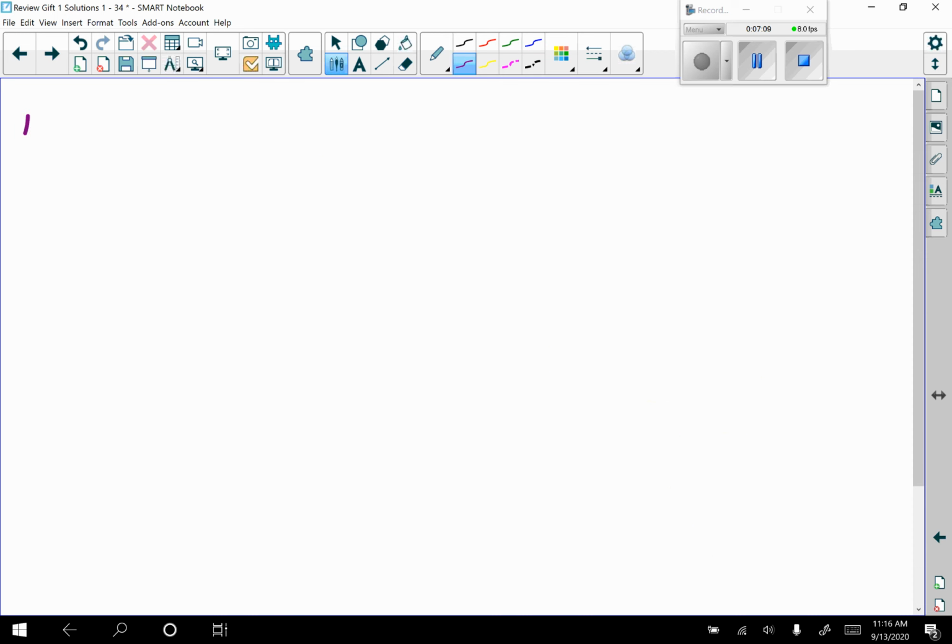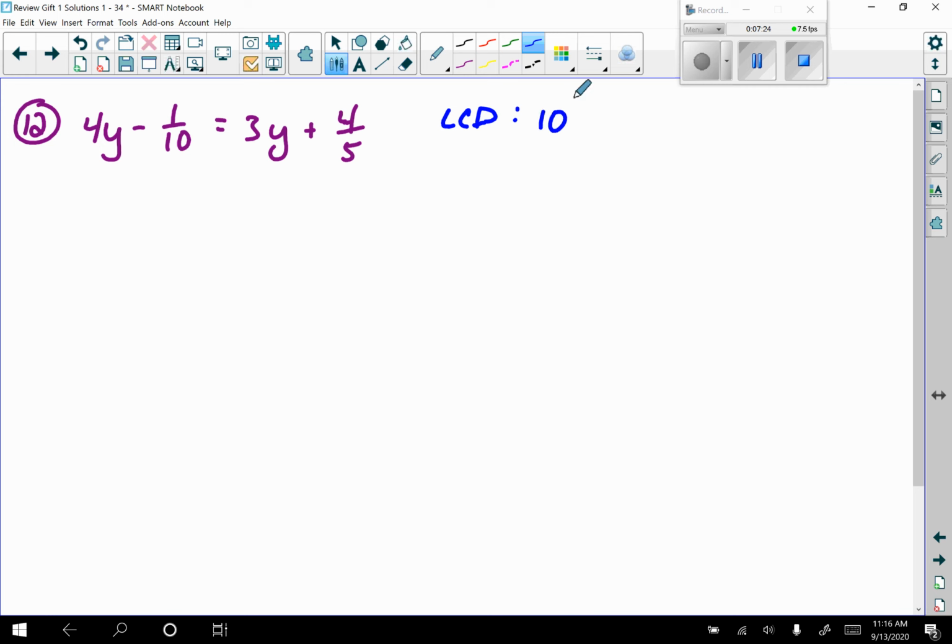All right, number 12, we have some fractions. Here, I want to clear denominators. So here, the LCD of 10 and 5 is going to be 10. So what I want to do is multiply everything here by 10. So I'm just going to rewrite this, leaving some space.